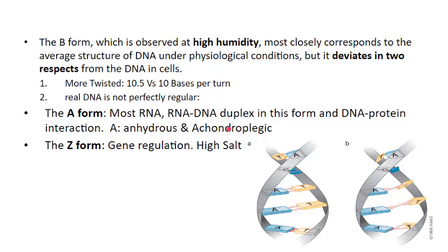The double helical structure is a little stunted. The size of one pitch is a little less here. That is why I call it achondroplasic, meaning dwarf DNA, and this is anhydrous DNA. These two A's help me remember how A DNA looks and in which condition we get A DNA.